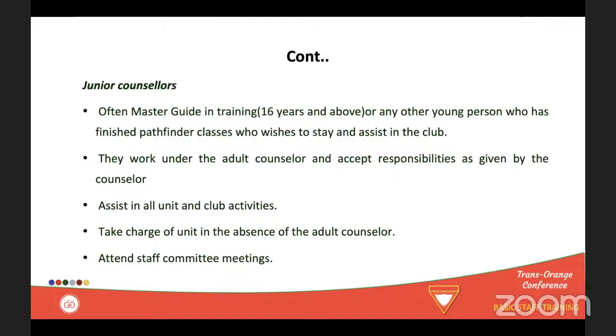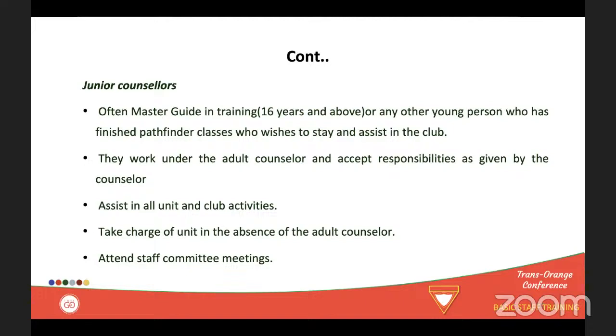So these junior counselors, I can say they are master guides in training, even if one is not a master guide in training, but we are actually training them to become leaders tomorrow. Therefore, they must work under someone, under a counselor, and they must take instructions from an adult counselor. If the adult counselor is not available, you must tell that junior counselor, I need you to cover and discuss this with the class, or I have given them work.